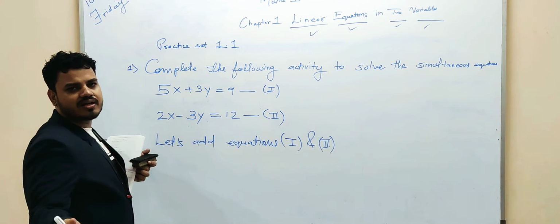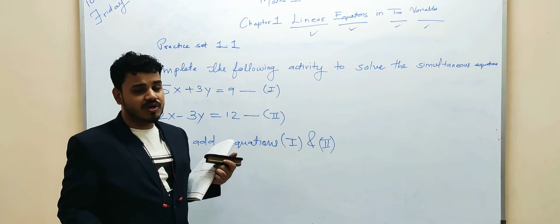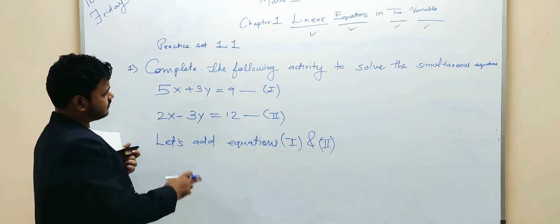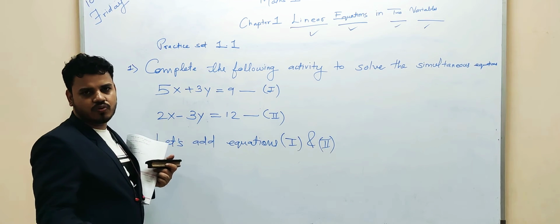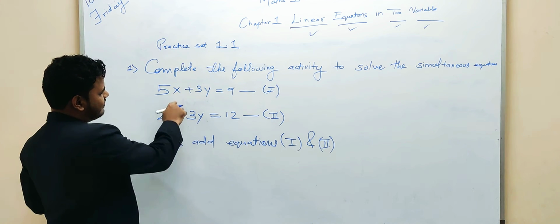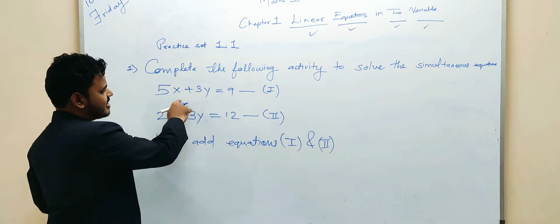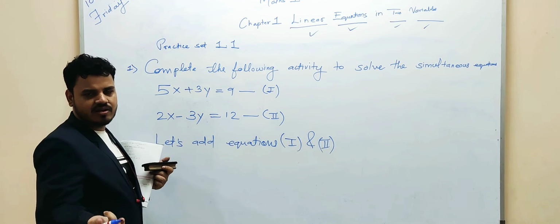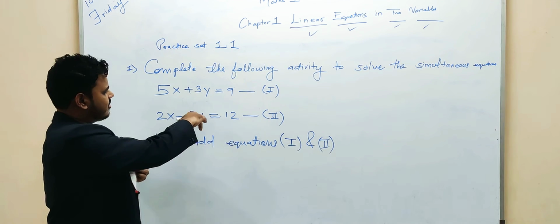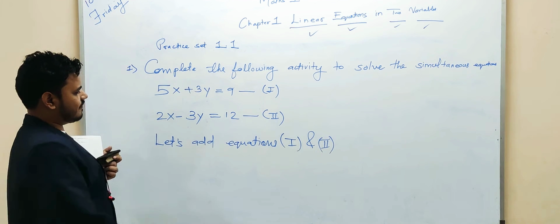There are two methods for solving this linear equation, that is, we are solving this by the elimination method, either by eliminating x or by eliminating y. From either of these two we can eliminate any one. Then whatever value we get, we put that value in any of these equations and we will get the solution of x and y.